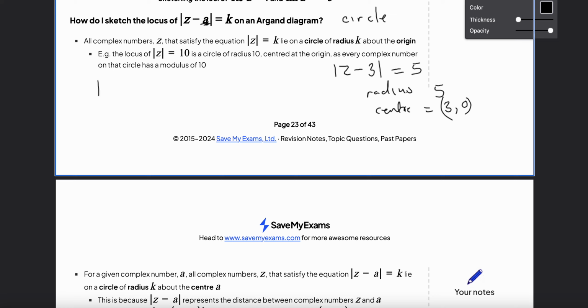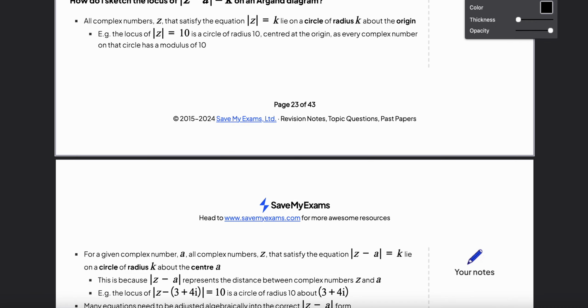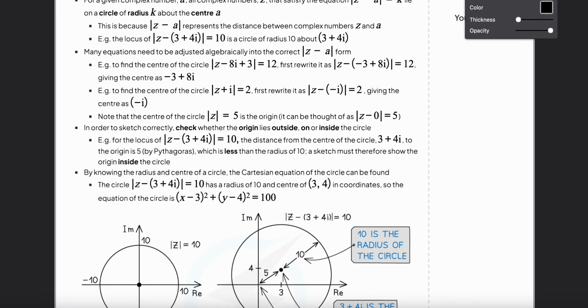If I have modulus of z minus 3 plus 4i equal to 10, the center is 3 plus 4i and our radius is 10. So whenever I see the modulus of z minus a equal to k, I know it's a circle. I hope you understand that part.